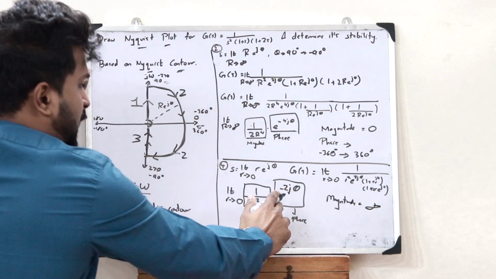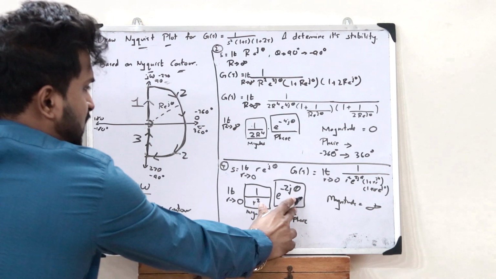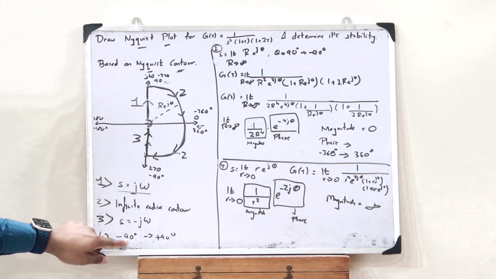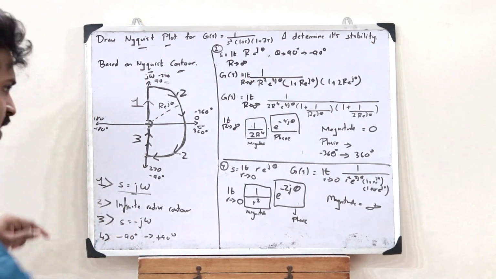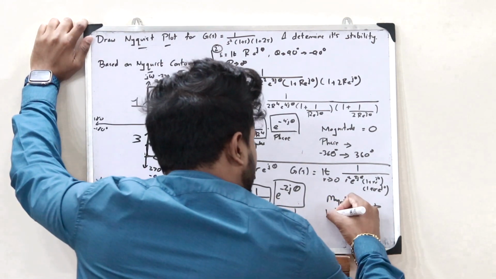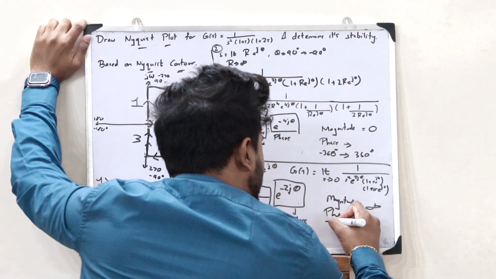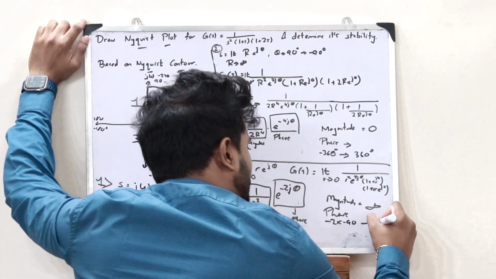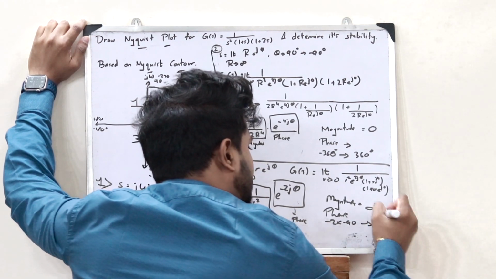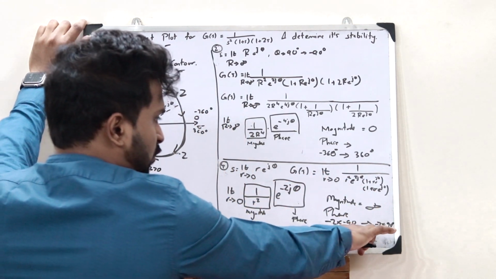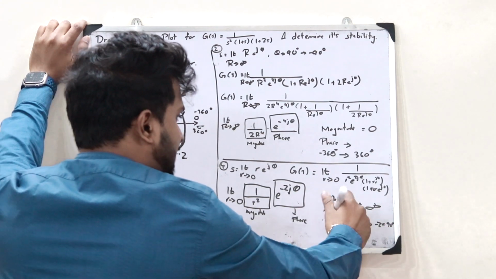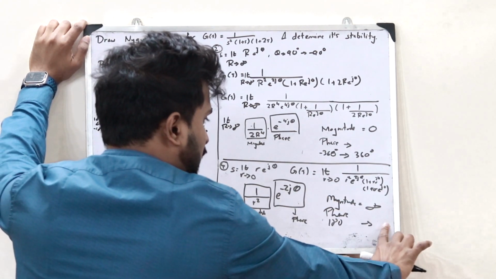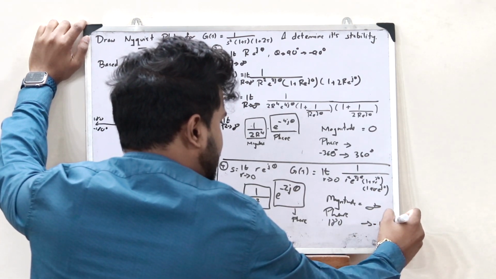And now the phase is minus 2 theta. But the phase varies from minus 90 degrees to plus 90 degrees. So we get the phase as minus 2 into minus 90 degrees to minus 2 into plus 90 degrees. Minus 2 into minus 90 degrees is 180 degrees, and minus 2 into plus 90 degrees would become minus 180 degrees.